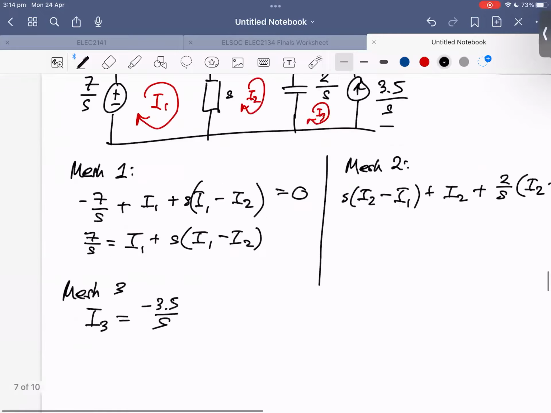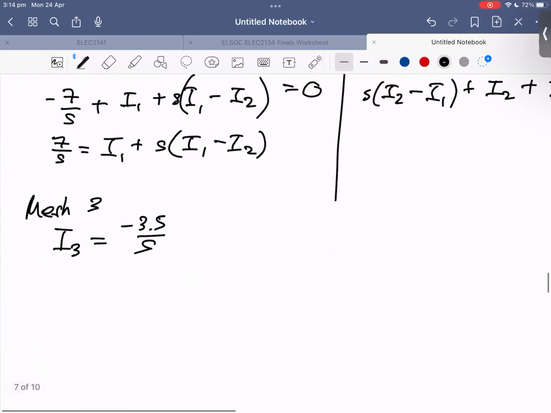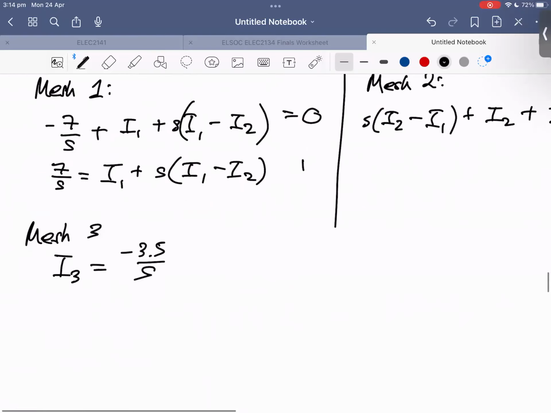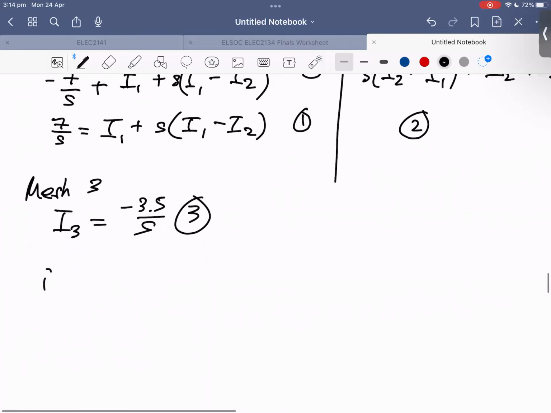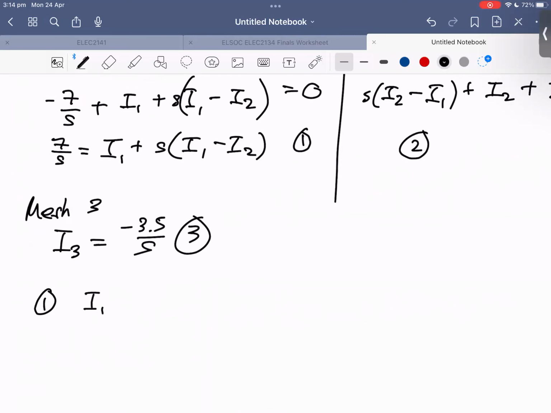Now it's a matter of simultaneously solving these equations. This is 1, this is 2, this is 3. I want to solve for I2 since we already know I3; I can sub it in at the end. I1(s plus 1) equals 7/s plus s I2.